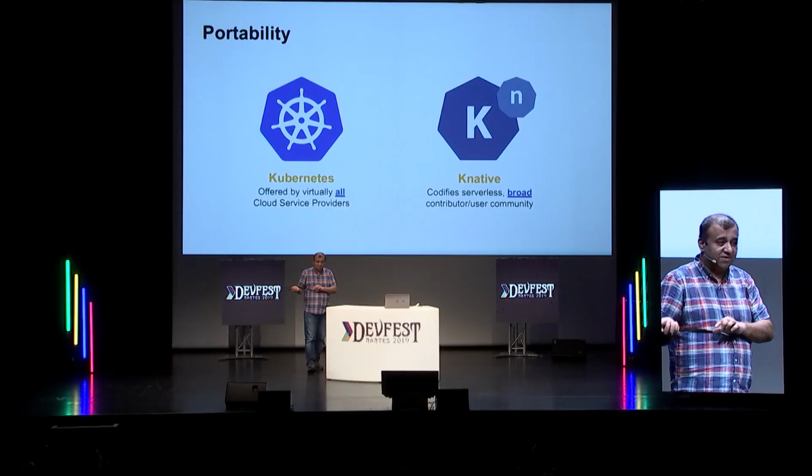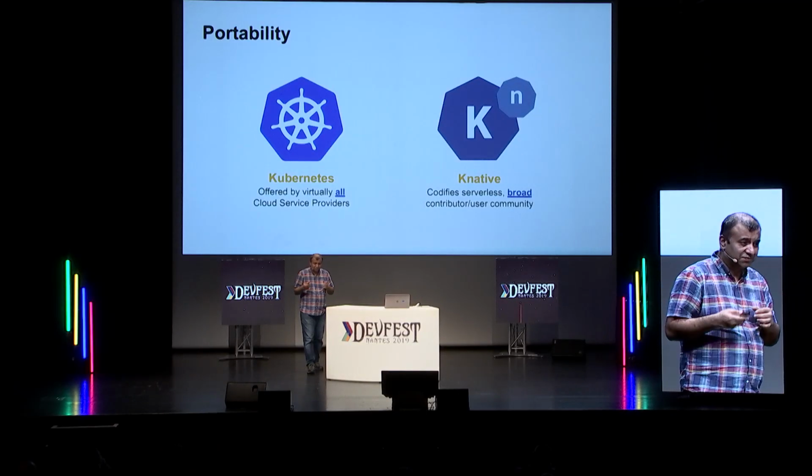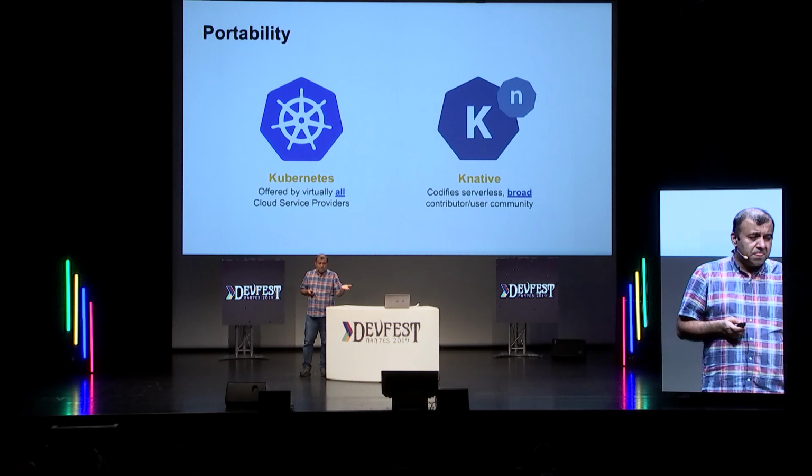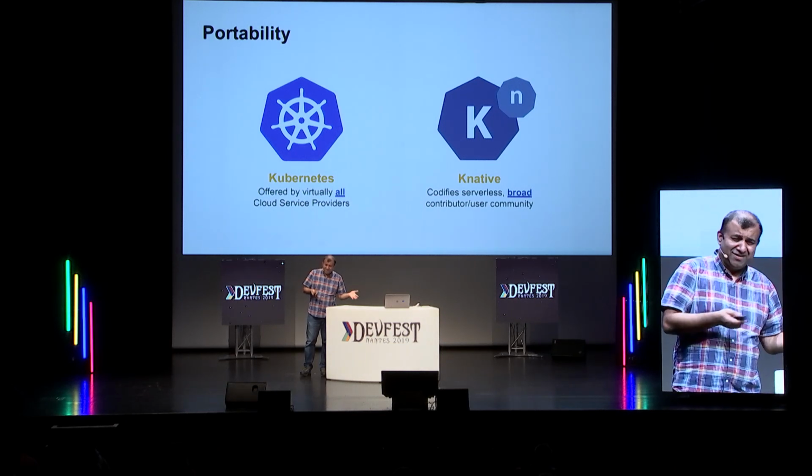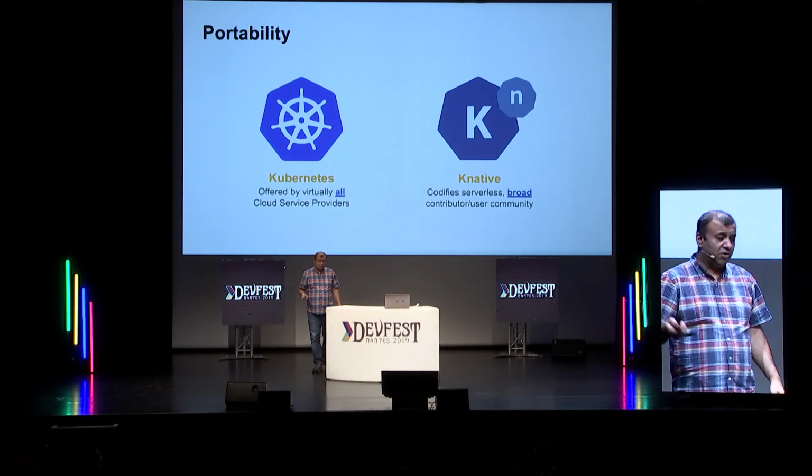So you can have a hybrid cloud kind of scenario. So Knative could mean the reference API, or Knative could mean a specific implementation. It's kind of confusing. And it's built on top of Kubernetes. So anywhere there's Kubernetes, which is practically everywhere, you can have Knative installed on top of it. In the demo, I'm actually going to do that. I'm going to create a cluster on GKE, install Knative, and show how it auto-scales the services.